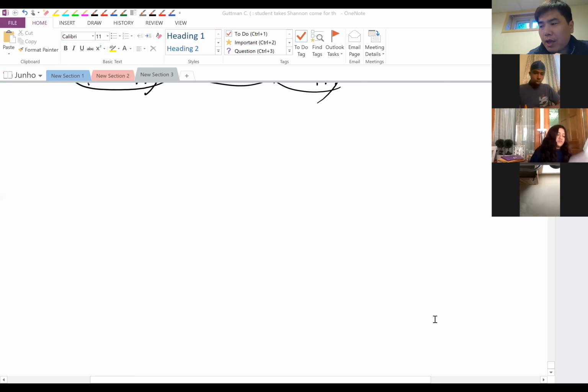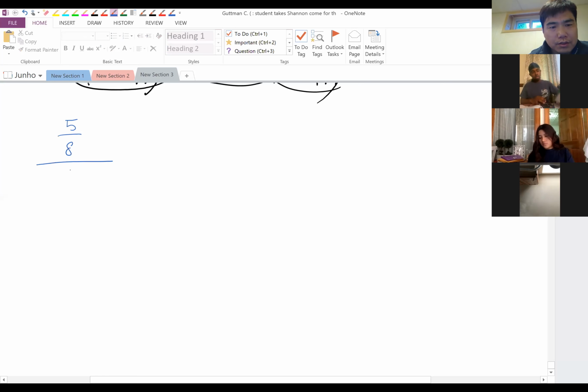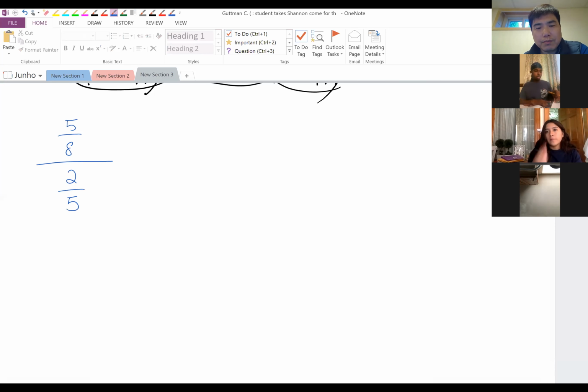So the first question I want to ask you: we want to find out how to simplify this complex fraction, like 5 over 8 over 2 over 5. Do you have some idea how to simplify this complex fraction?